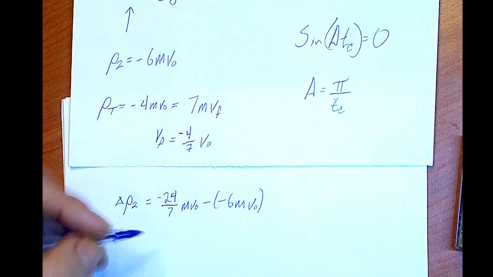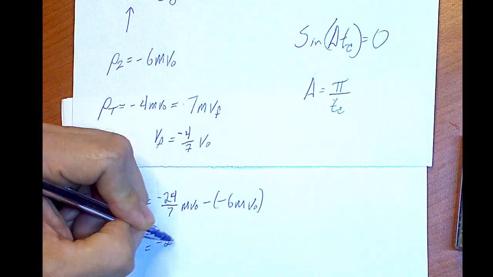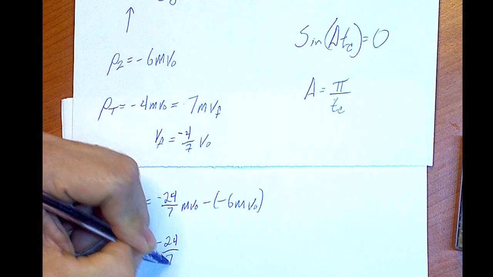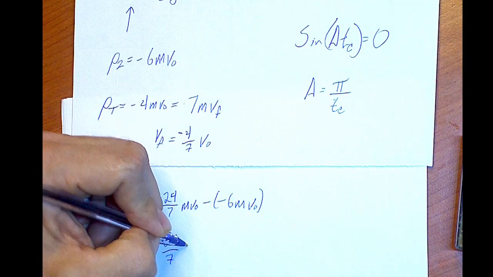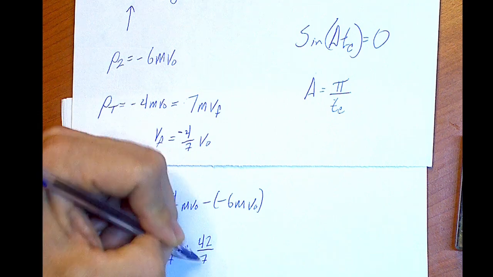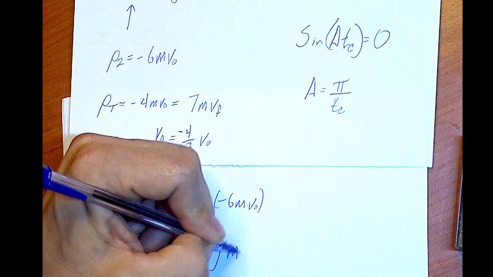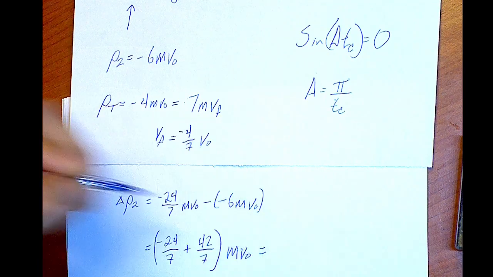And if we start doing this math, we realize real quickly we're in safe waters here. -24/7 plus 42/7, all times mv naught, which equals what?